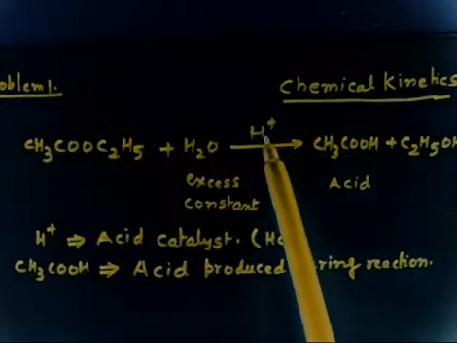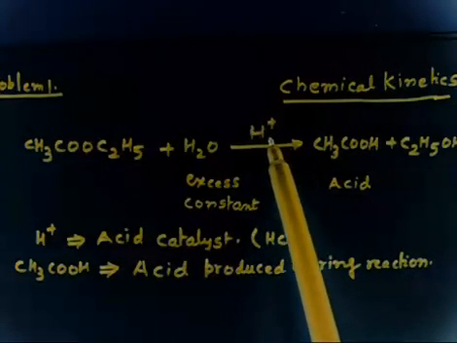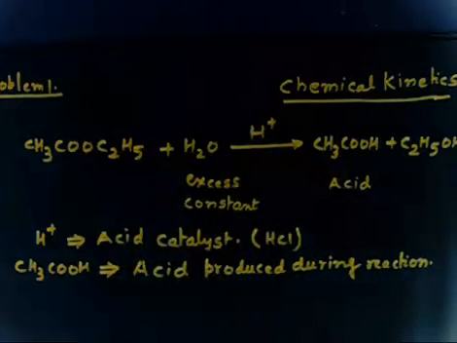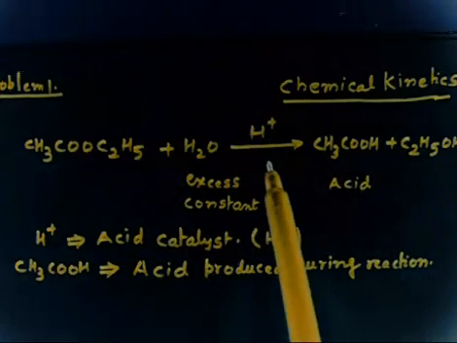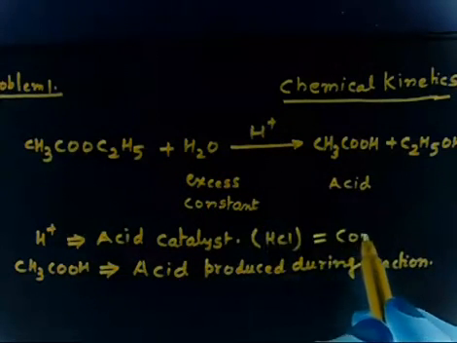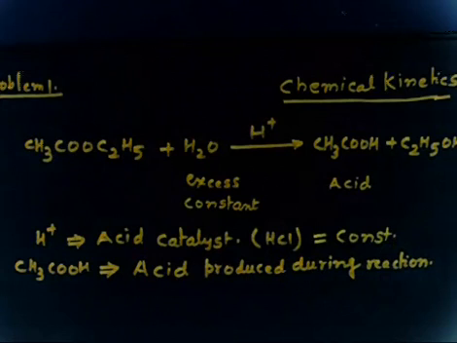During the whole reaction, H plus remains constant because this is a catalyst. If it is used in this reaction, finally it gets converted back. So the acid catalyst concentration remains basically constant because a catalyst is used up and finally given back by the reaction.